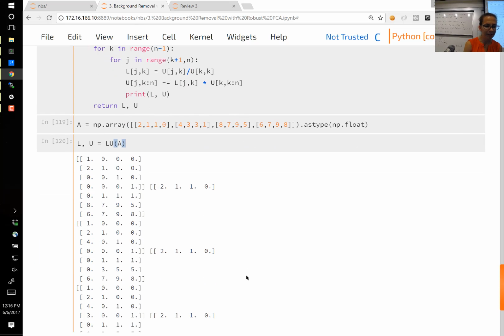Okay, so run this. Oh, this is not aligned well. But actually, let me just print U, because I think that will be more interesting. U will give us the matrix A that we were reducing with the Gaussian elimination.